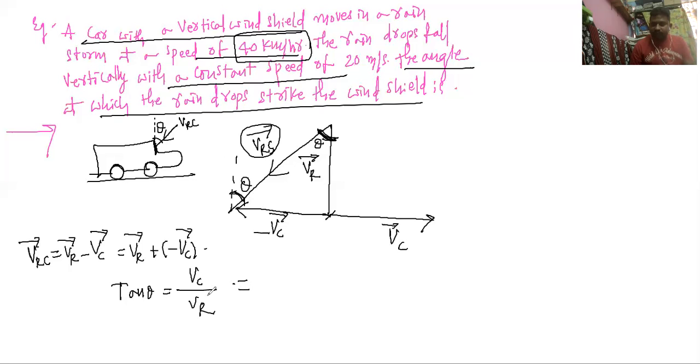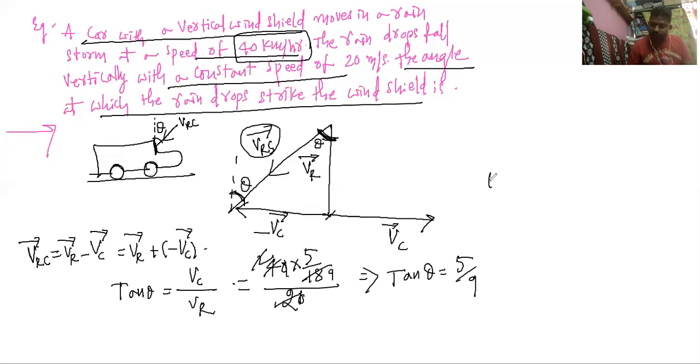What is this theta? This is equal to this theta only. So Vc, the velocity of the car, is 40 kilometers per hour. This is 40 into 5 by 18 in meters per second. Velocity of the rain is 20 meters per second. So this is 2 2s, 2 5s, I can say 2 9s. So tan theta is equal to 5 by 9, my dear students.